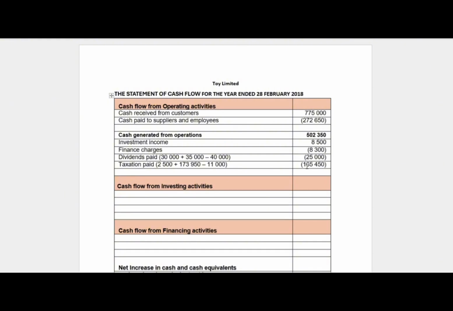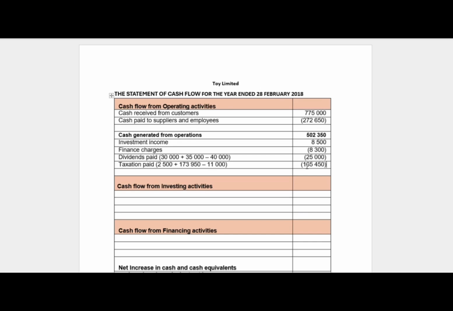And then now we are done with the items that are supposed to come and calculate our cash flow from operating activities, right? So now we are going to calculate our cash flow from operating activities.